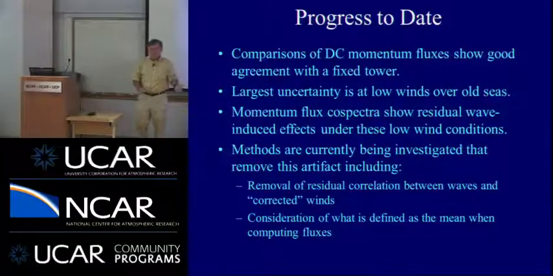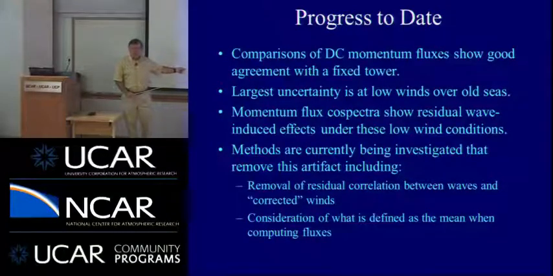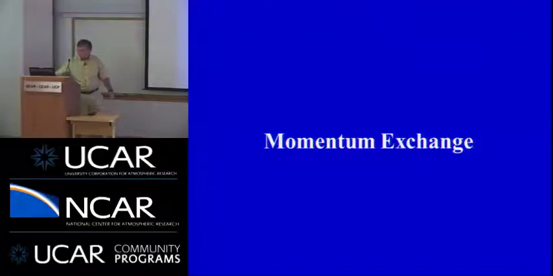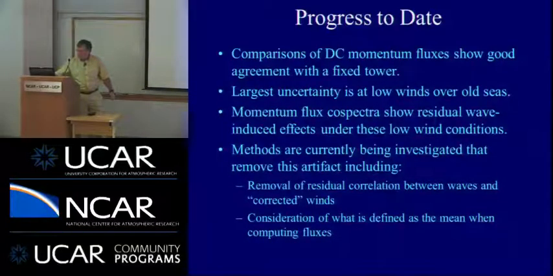What is the mean in that coordinate system? Right now we just take whatever the anemometer measures as the mean, just like we do on a ship. Is there a more sophisticated approach to do these covariance measurements? These are just some things we're working on, and this data set is going to be very helpful to try these various techniques out. That's nearly at a constant height above the water surface, right?